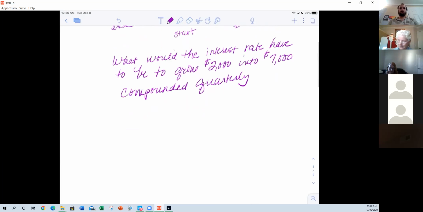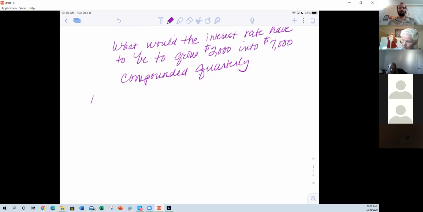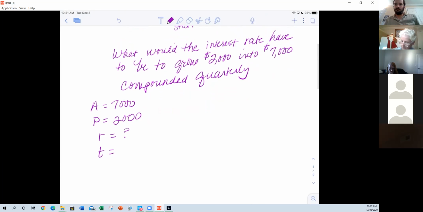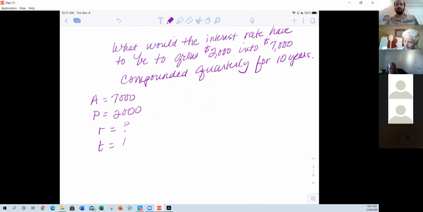So we know that the amount we want to wind up with is 7,000. The amount we want to start with, our principal, is 2,000. We don't know what the interest rate is. I know the time is 10 years. I forgot to put that there.